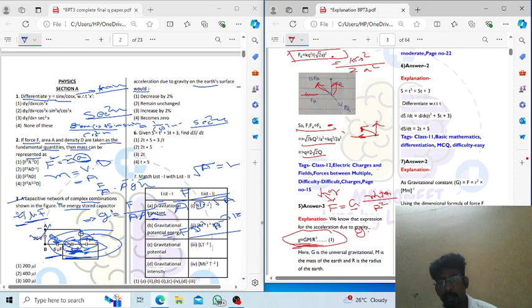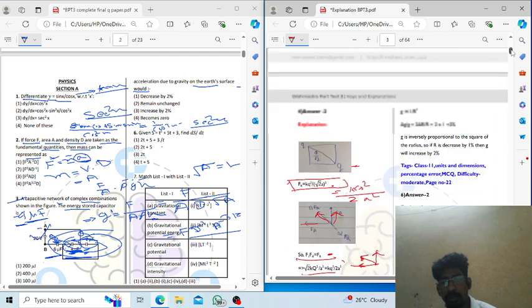Okay, right? Now in the question it has been asked, so we can say that g is proportional to 1/r². So we have to calculate the error in g, and the error in r is given as 1%.